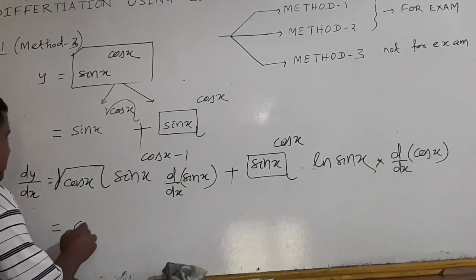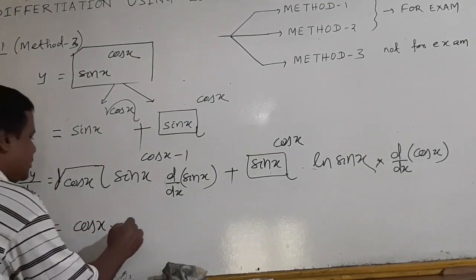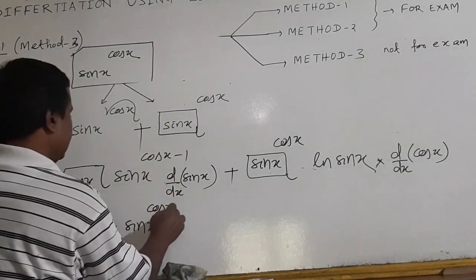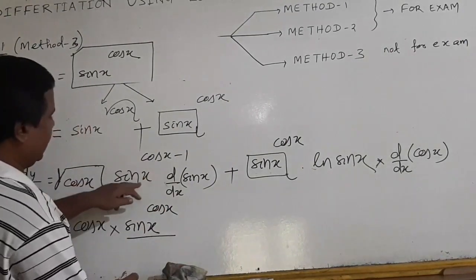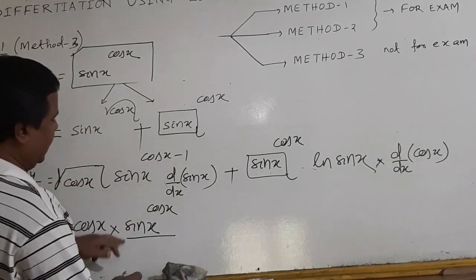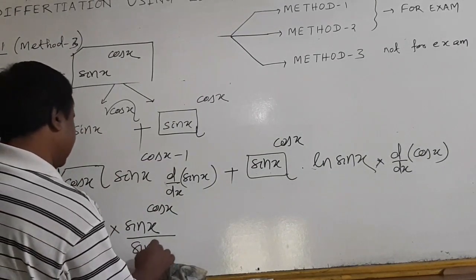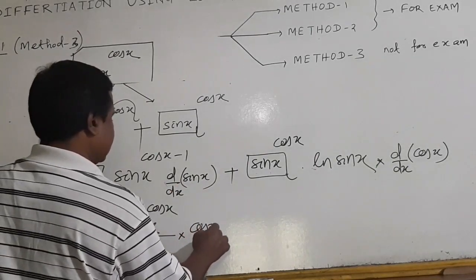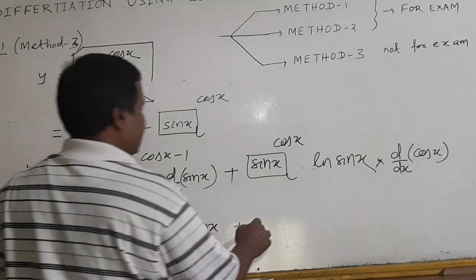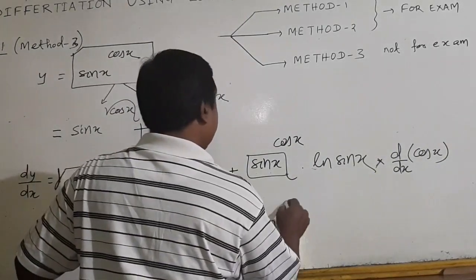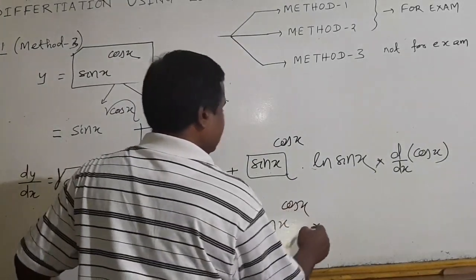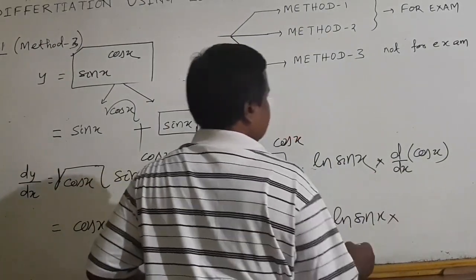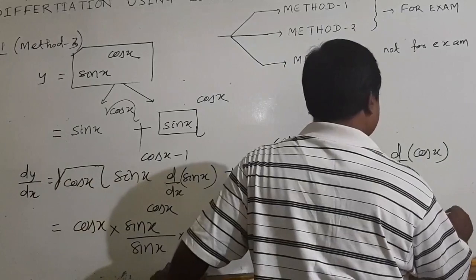Here it becomes cos x into sin x to the power cos x by what? Tell me. Sin x to the power cos x divided by sin x into derivative of sin x, which is cos x, plus sin x to the power cos x into ln sin x into derivative of cos x, which becomes minus sin x.